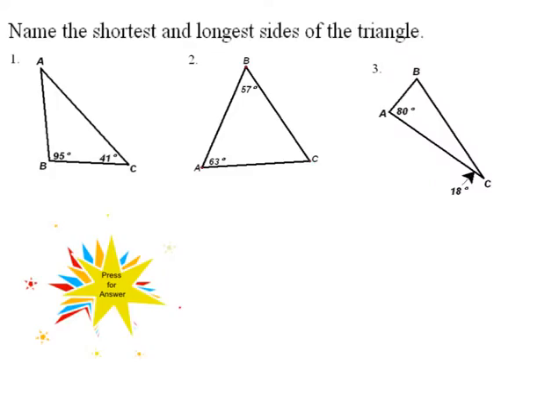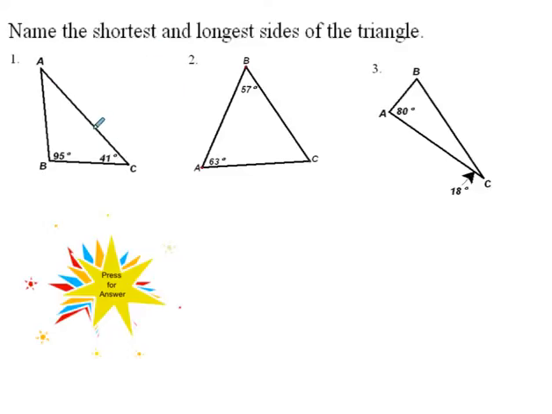Now, here are a few examples. I'm going to do the first one with you, and then I want you to do the second two. The first thing that I need to do in order to determine what is the longest side and what's the shortest side is to figure out the third angle.